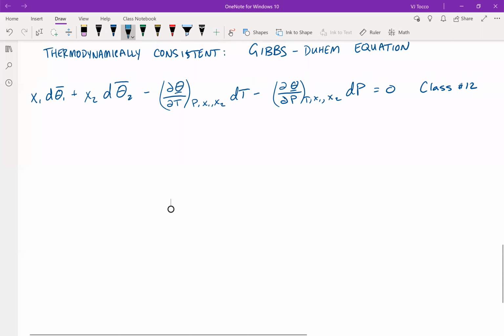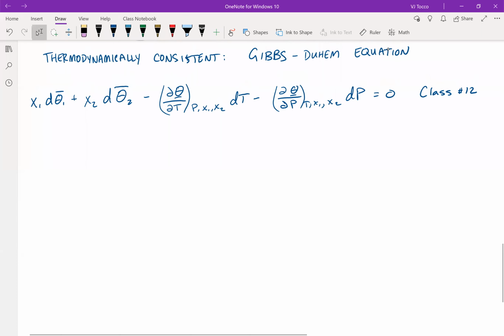So in the case of modeling activity coefficients, I'm going to substitute and say that theta is equal to excess Gibbs energy divided by RT. So applying that to the Gibbs-Duhem equation gives me the following expression. x1 d of the partial molar excess Gibbs energy over RT plus x2 d of the partial molar excess Gibbs energy over RT.